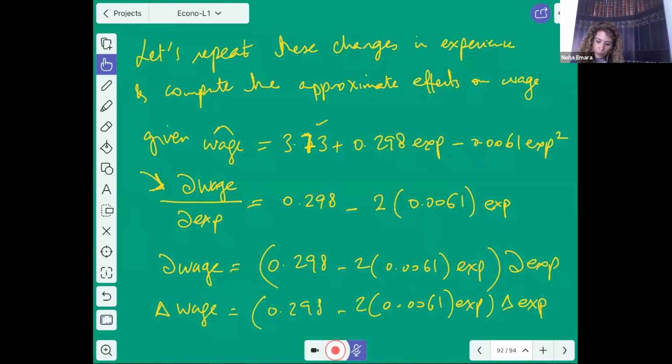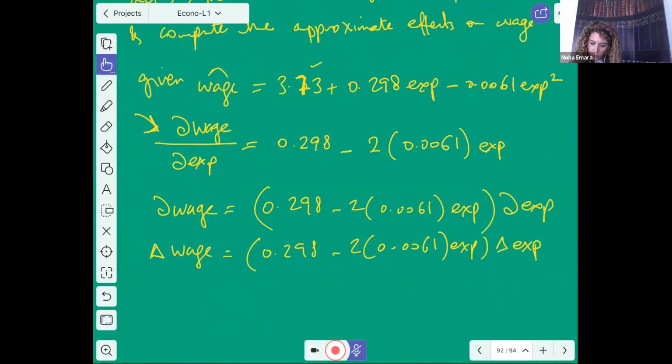Okay, so again, the same question. What is the impact of the increase in experience from 0 to 1 year?